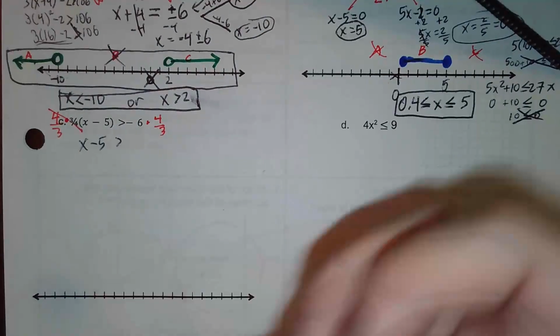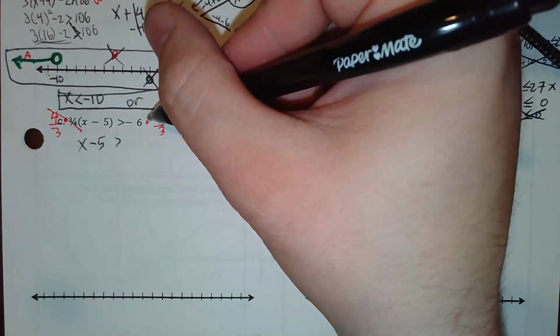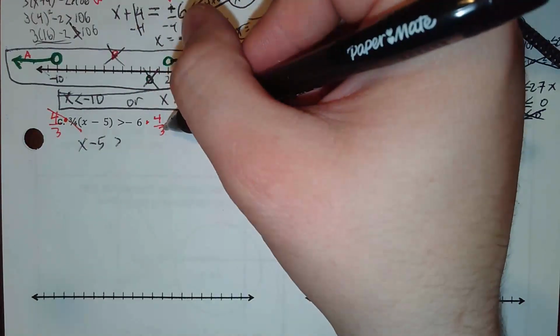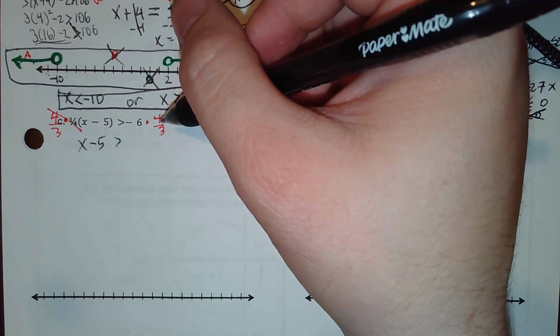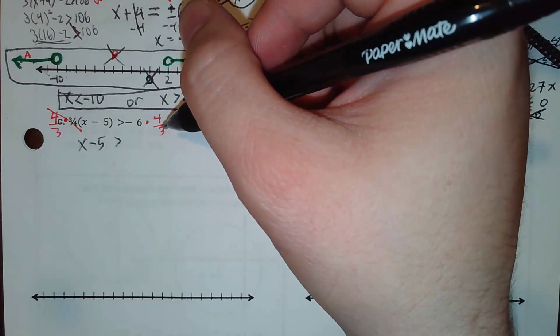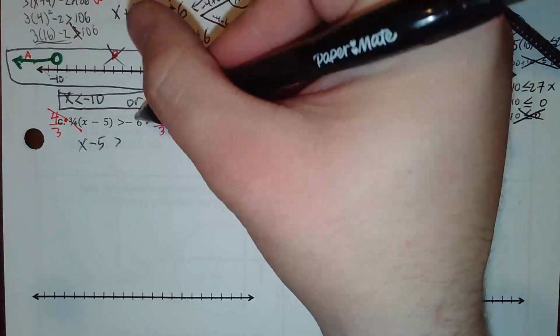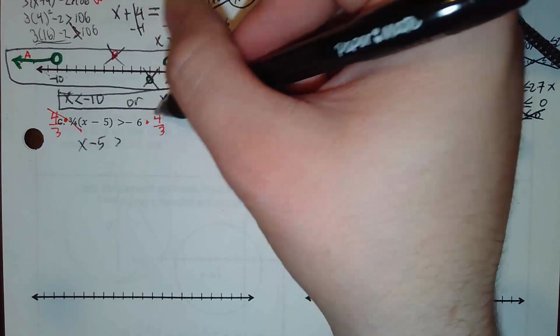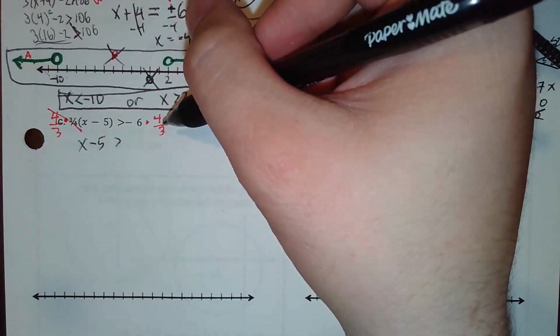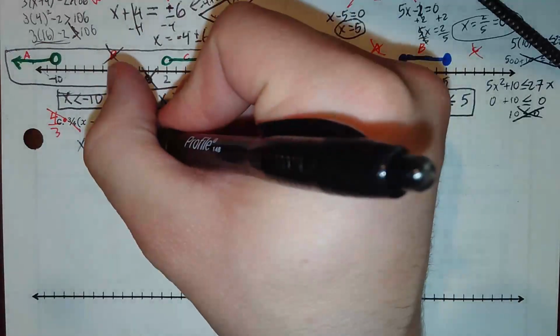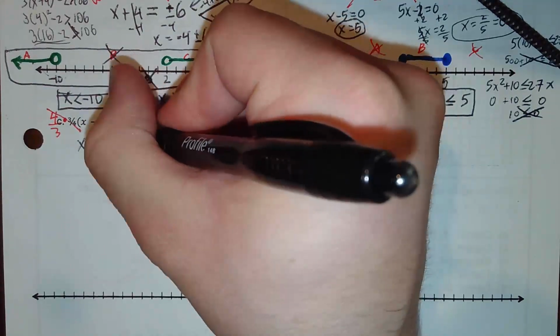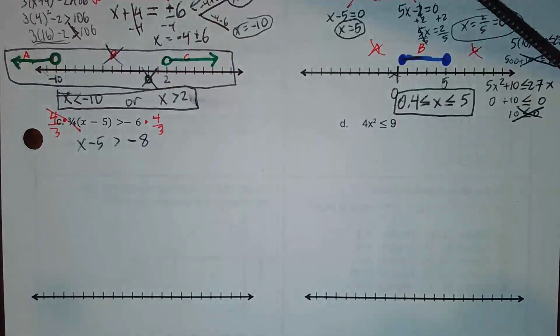Let's see what it multiplies to. Negative 6 times 4/3. It's approximately negative 7.9999. It's a little strange, but let's try to get a different way. Negative 6 times 4 divided by 3. The answer is negative 8. That's more like it. So the answer here on the right side would be negative 8.